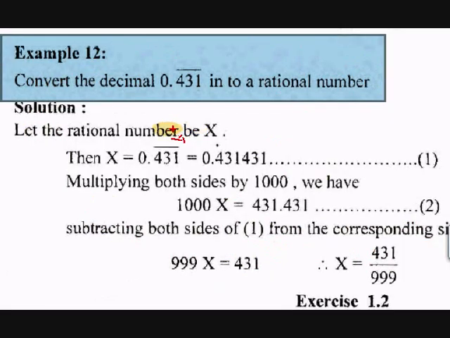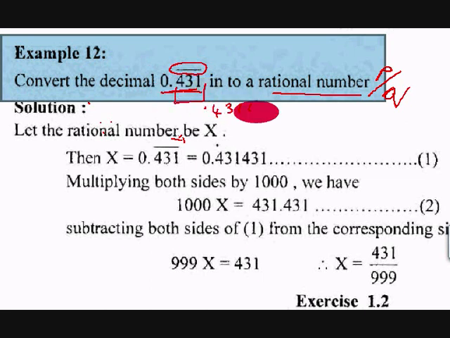One more example: convert the decimal 0.431 with a bar into a rational number in p by q form. The bar on top denotes that all 3 digits are repeating, like 431, 431, and so on.